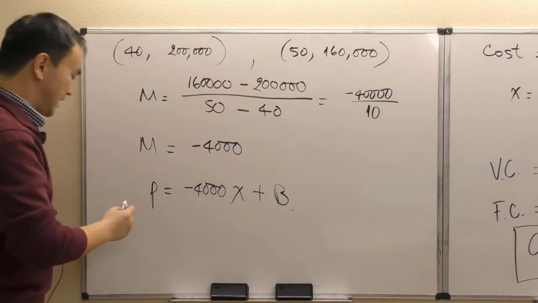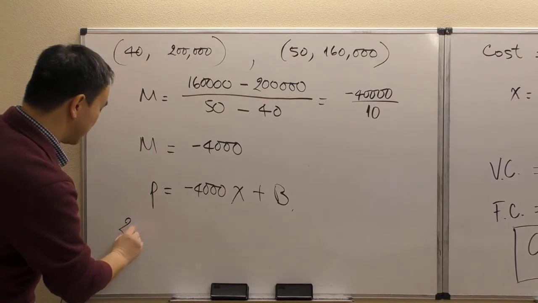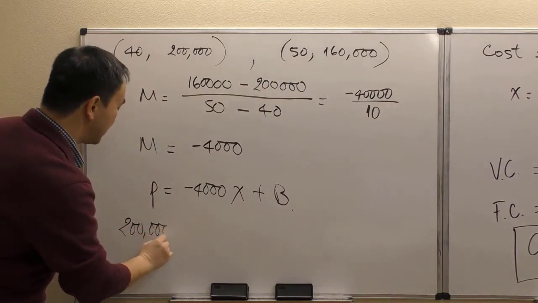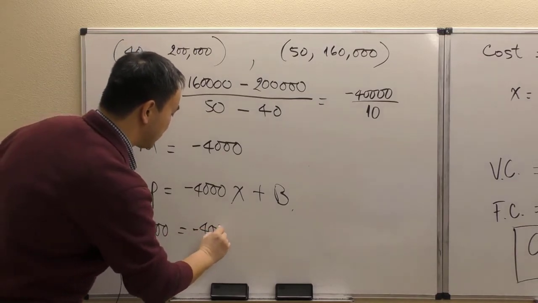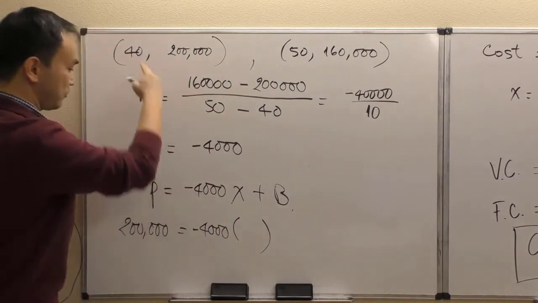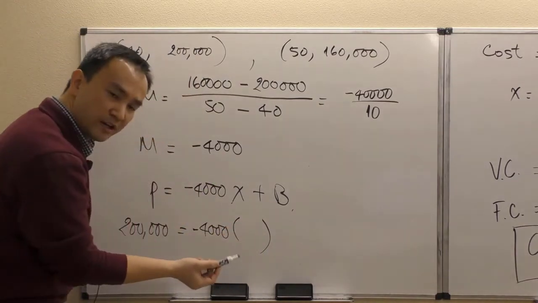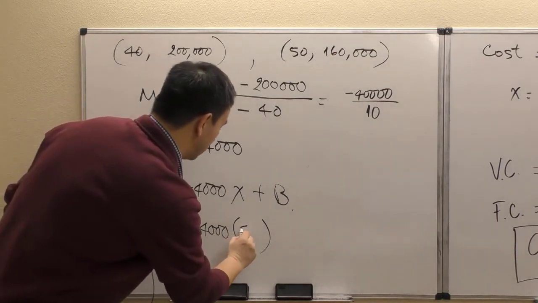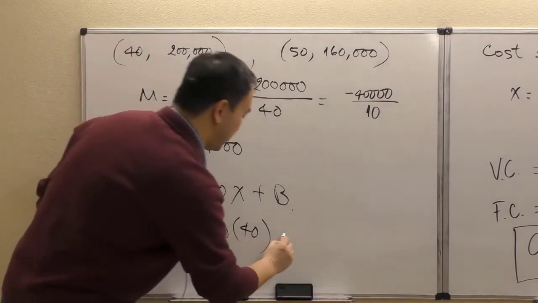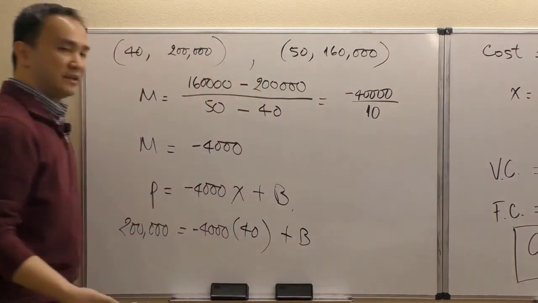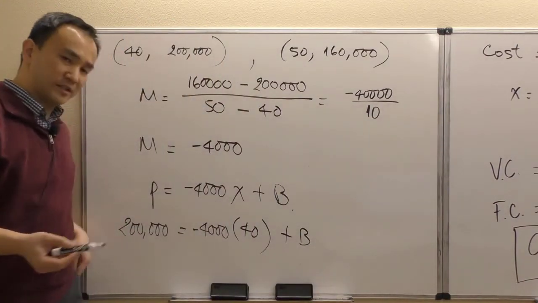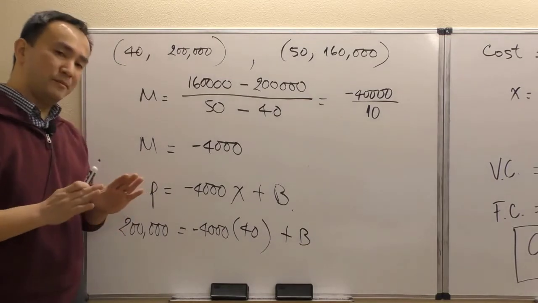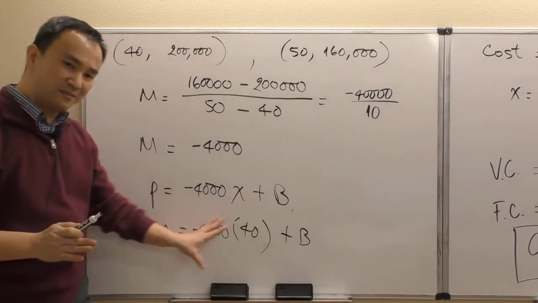So at the price 200,000, with slope minus 4,000, the corresponding x value, the quantity, the number of houses, is 40 houses, plus B. Believe me, when you are in a calculus or math course, your mathematical mind is mature enough to quickly solve this problem.